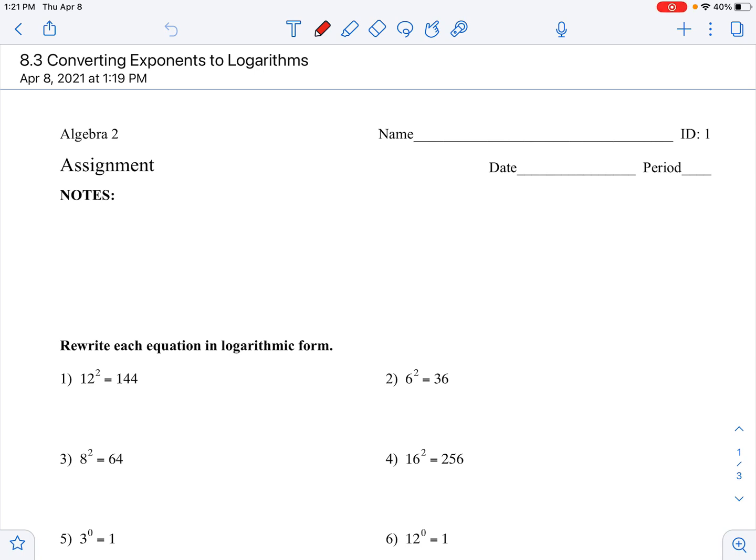Today we're going to convert some exponents to logarithms, and I want to give you some context as to where this concept is coming from.